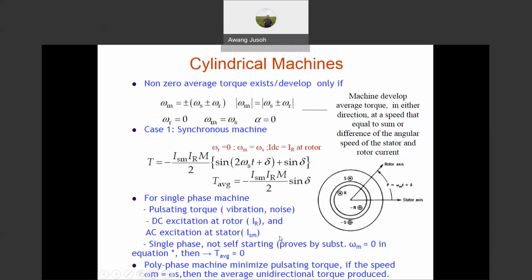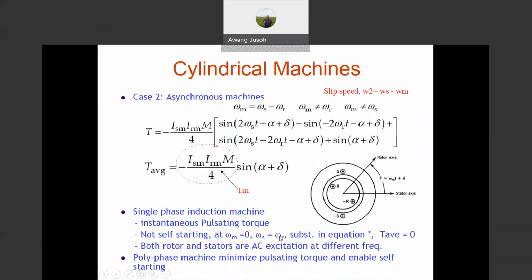That's the first explanation. For the second case, the asynchronous machine, we know the rotor speed is not equal to the stator speed. Omega m is not equal to omega s. There is slip speed, where omega 2 equals omega s minus omega m.